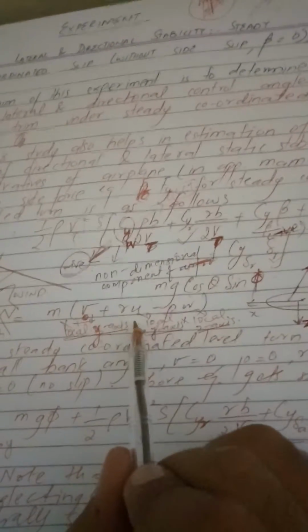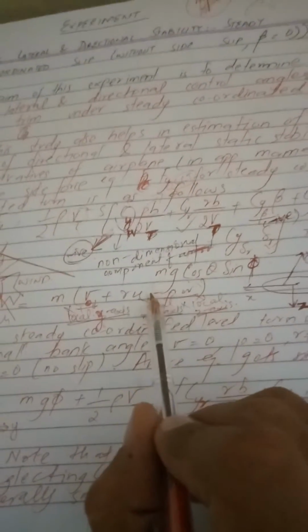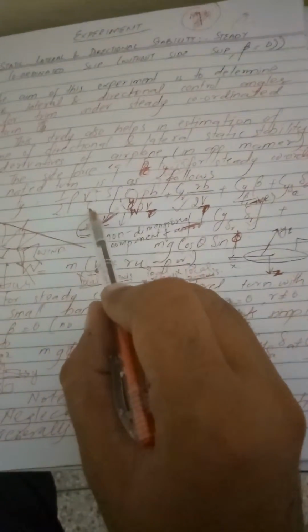So that is how you're going to see m is equal to V naught plus Ru minus Pv. This factor is negative because of P, I mentioned earlier that it is minus. And also this R is positive, you don't need to worry about, and this mv is equal to that V over here. So just combining it, we have got V plus Ru minus Pw.